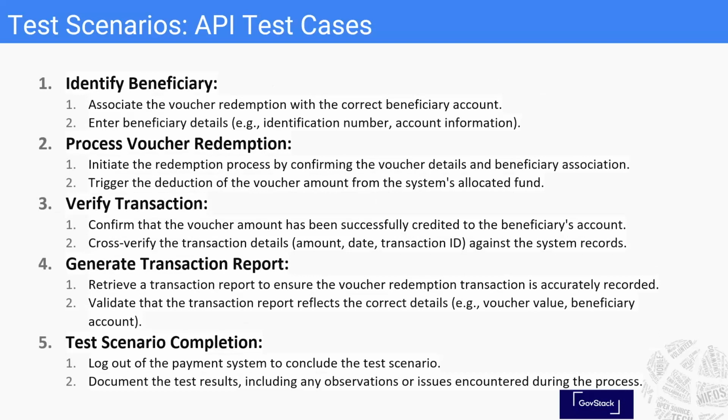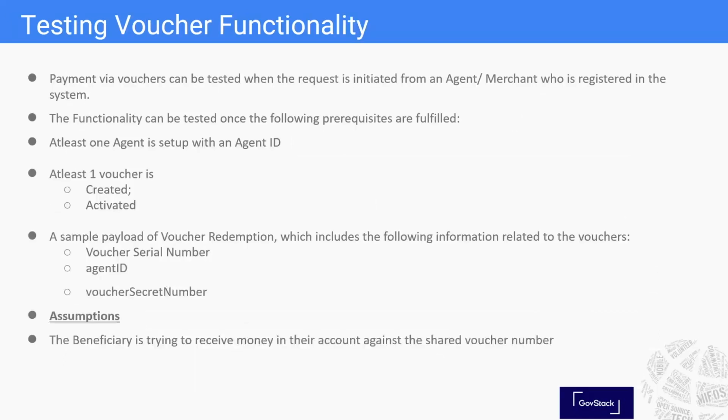So once that information reaches the payment hub, I'll just come to this first. We are talking about multiple ways through which this could be tested. So we're assuming that the voucher is created and the voucher is activated.